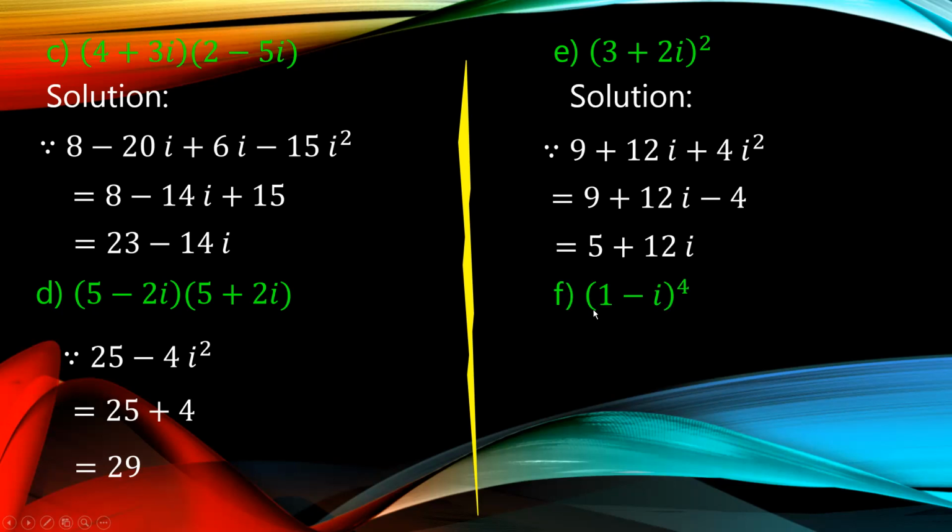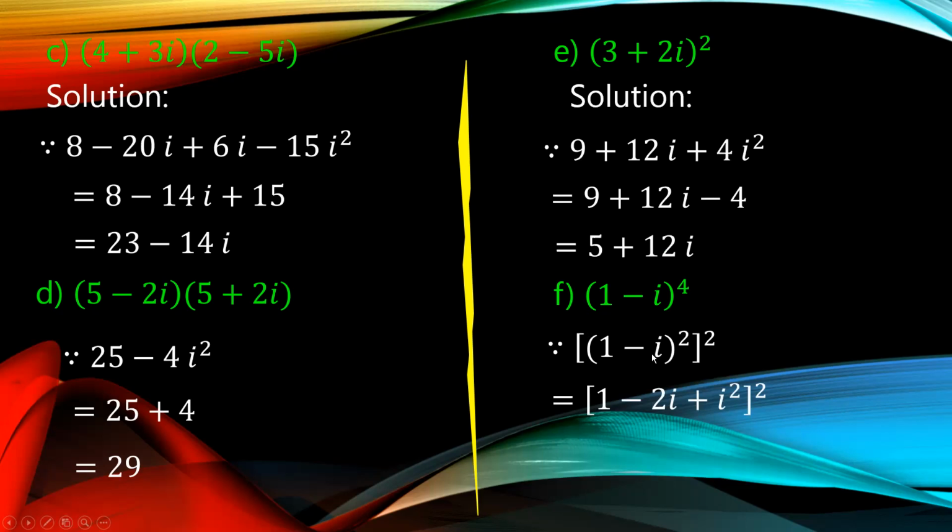If I have 1 minus i all power 4, I can write it as 1 minus i all power 2, all power 2. I find the result of 1 minus i all power 2, which is a perfect square, and square it at the end.